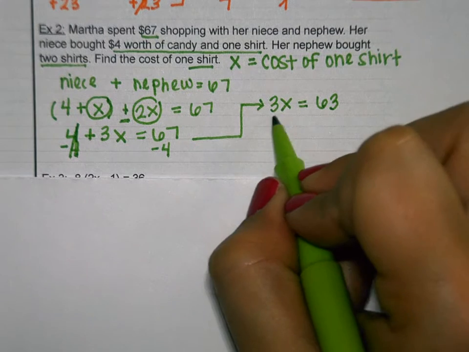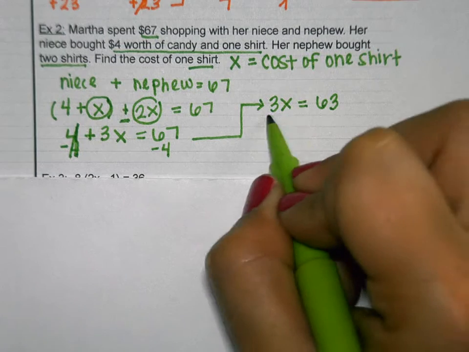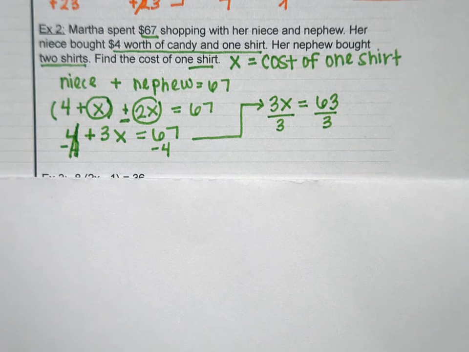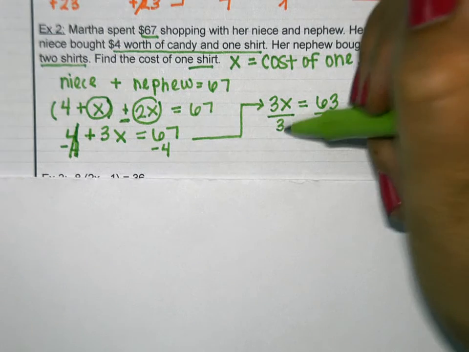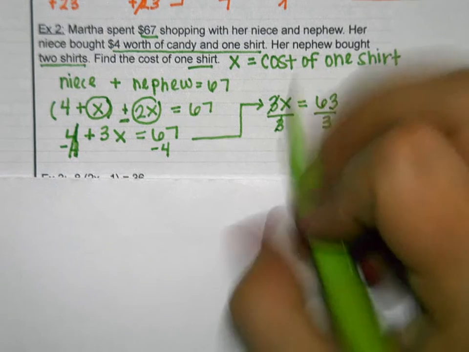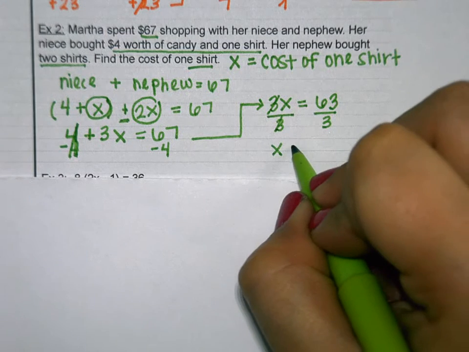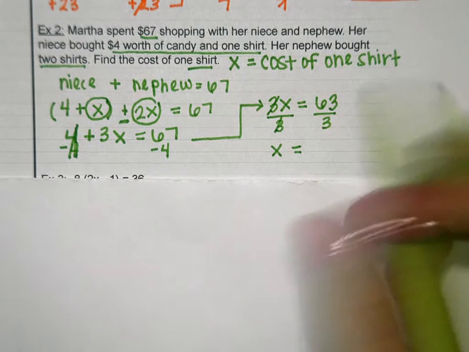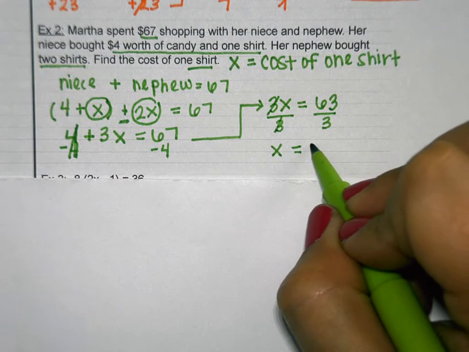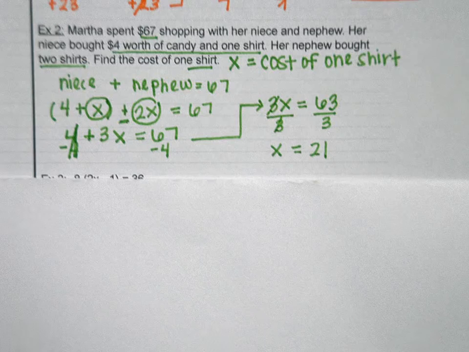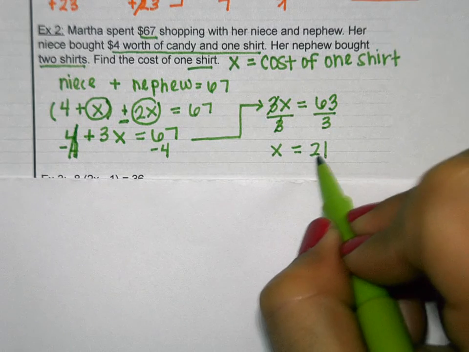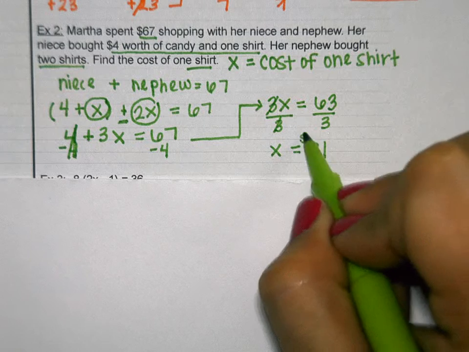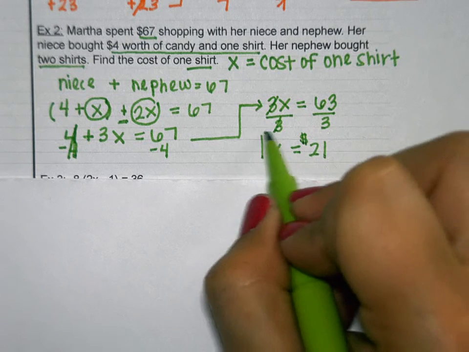And then to get x by itself, 3 times x, the inverse of that is division. So I'm going to divide both sides by 3. Because 3 divided by 3 is 1. So I have a 1x equals, 3 goes into 63 21 times. And this is in dollars. So the cost of 1 shirt is $21.